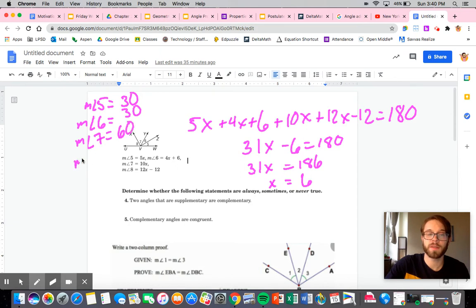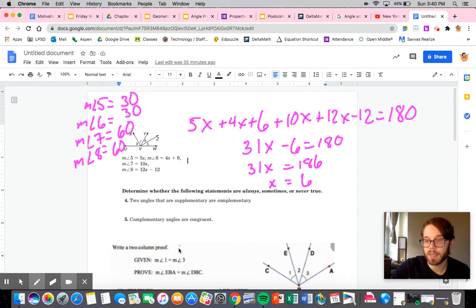And then the measure of angle 8, again, we can plug it in. 12 times 6, 72, minus 12 is 60, right? And there you have it. So that's what each of the angles measure. And then once you had found just these three, you could have just figured out what was left, and that would have been angle 8. All right.